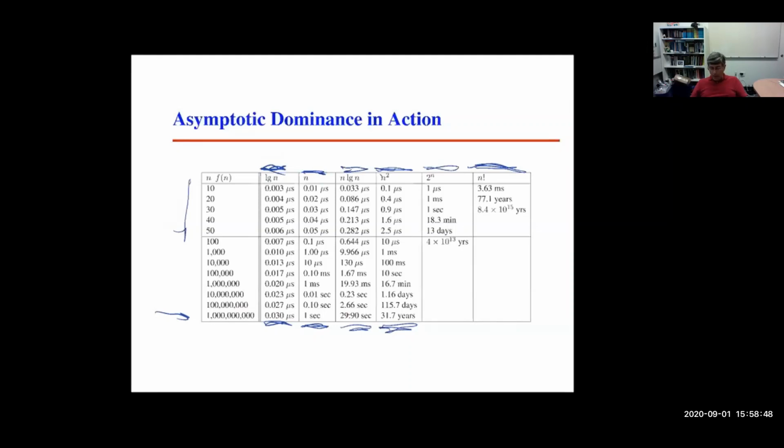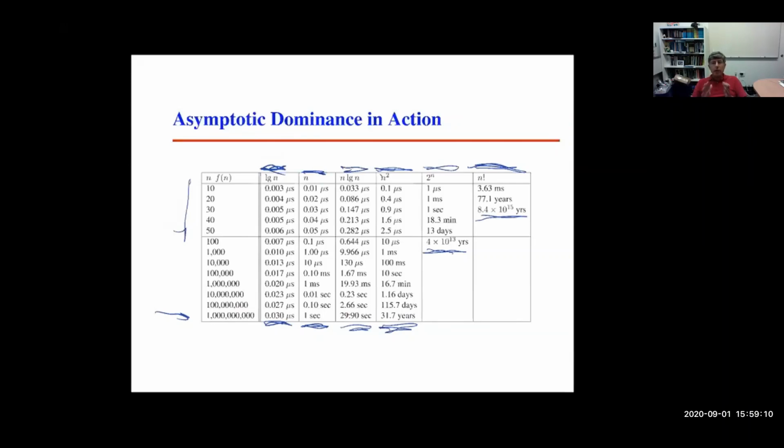And when we talk about exponential time algorithms, forget about it. A 2 to the n algorithm, by the time you ask it to do something of size 100 elements, you're already talking about umpteen years. And for permutations, by the time you talk about 30, you're talking about umpteen years.